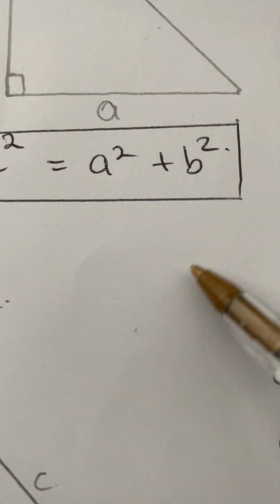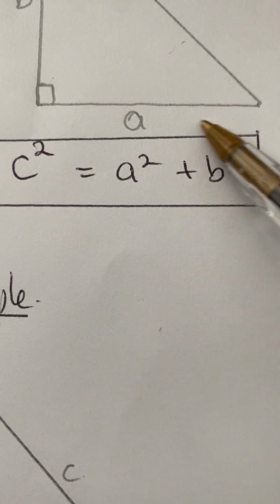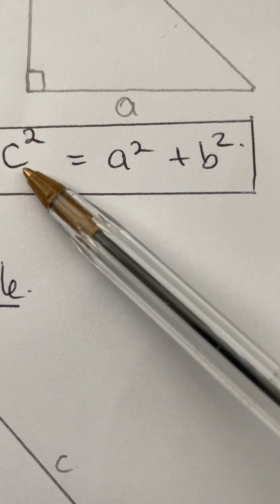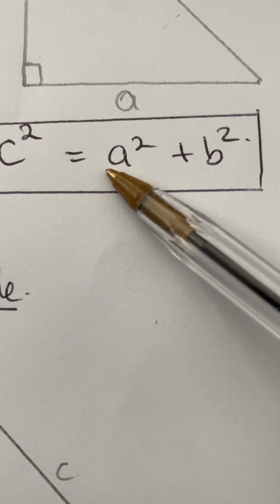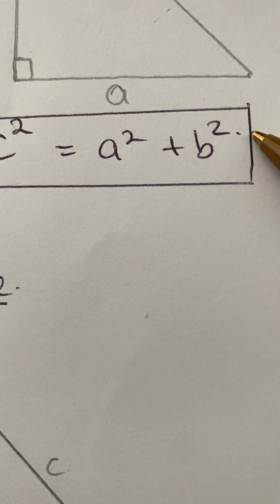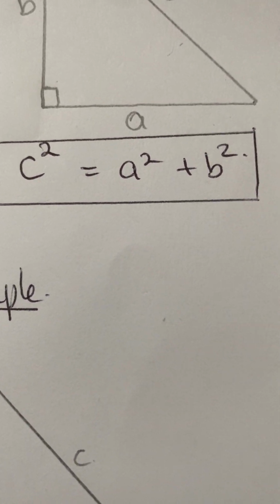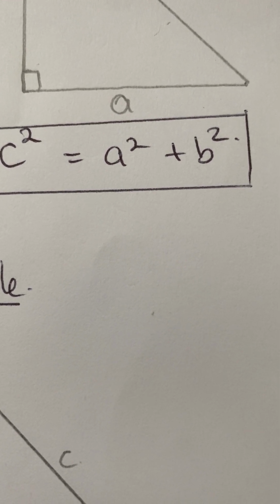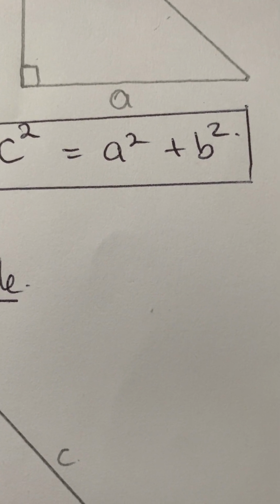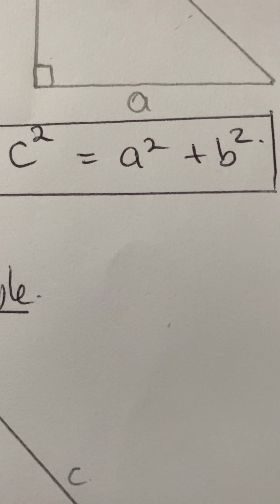So this is basically his theorem: C squared equals A squared plus B squared, and we've used it to solve a lot of equations.